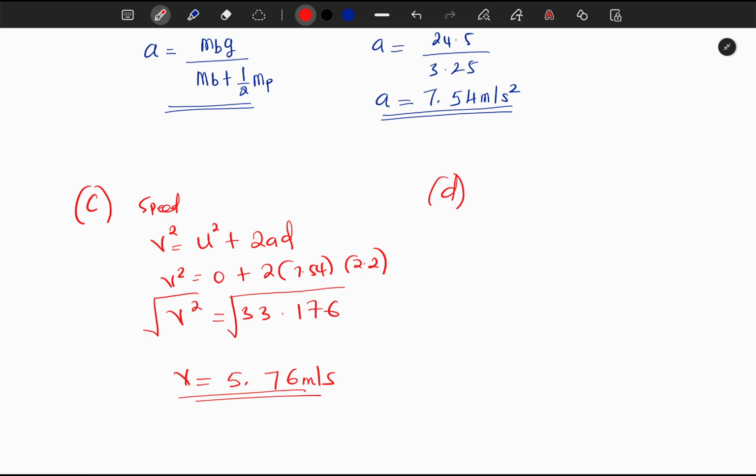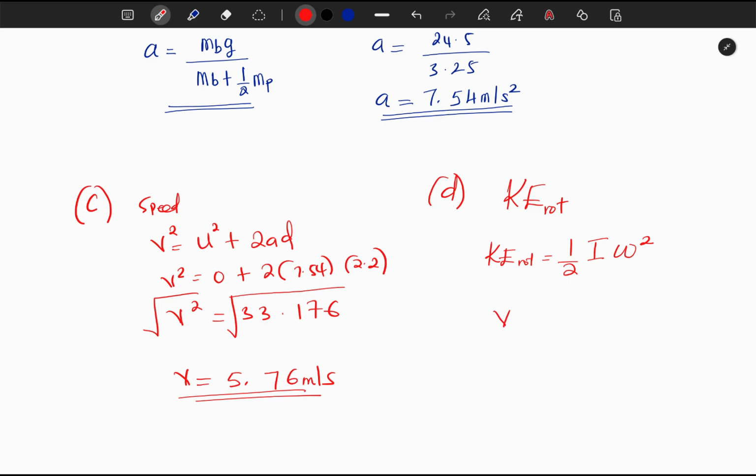What about D? D is asking us to find the rotational kinetic energy. Ke rot, meaning rotational kinetic energy. Now, Ke rot is equal to half moment of inertia multiplied by the angular speed or velocity squared.